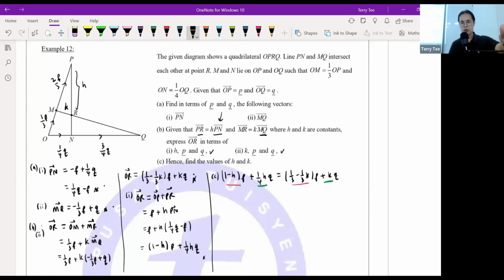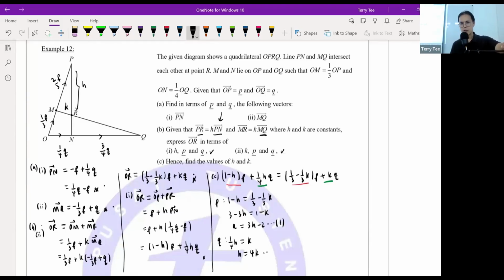So for p, 1 minus h is 1 over 3 minus 1 over 3 k. Can we multiply by 3? Make k as a subject. k is 3h minus 2, equation 1. Can we compare our q? Our q, 1 over 4 h equals to k. Maybe we make h as a subject.